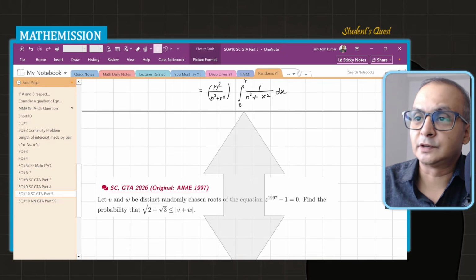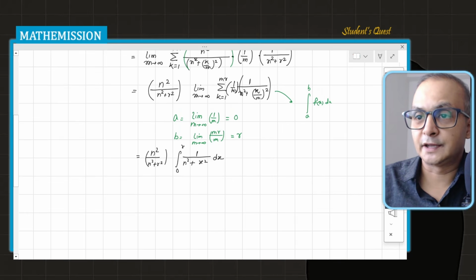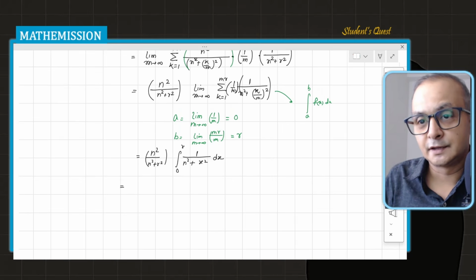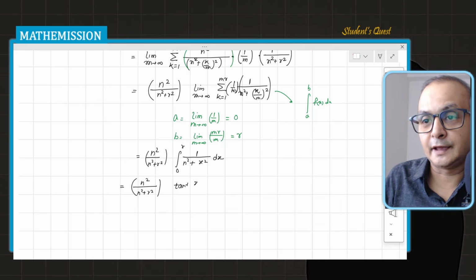Let me just take it down. This will not be hard to understand, the integration of this. So this is going to be n squared by n squared plus r square as it is, and this is going to be tan inverse x by n with 1 by n in front, and the limit is 0 to r.